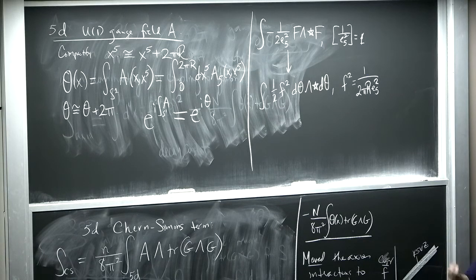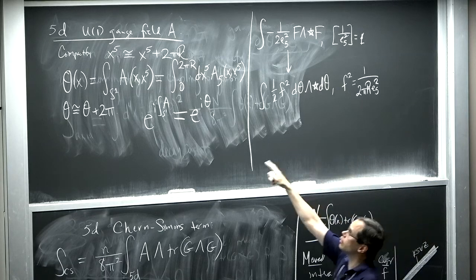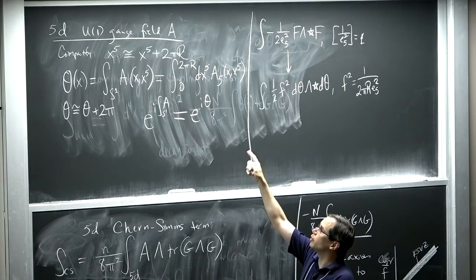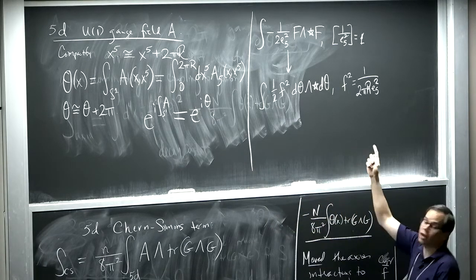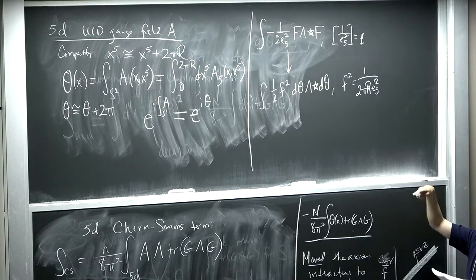And then you plug all of that back into the integral and you'll get that. So there is a little bit of work in going from one to the other that I skipped over. But morally speaking, theta is just like 2 pi r times A, roughly. And so when you take F, you divide by 2 pi r to get d theta, roughly speaking.